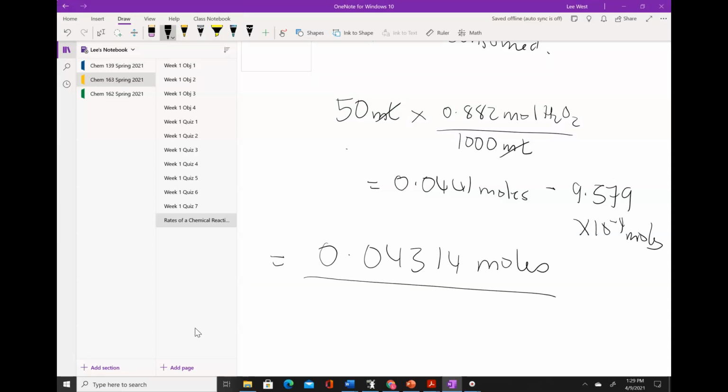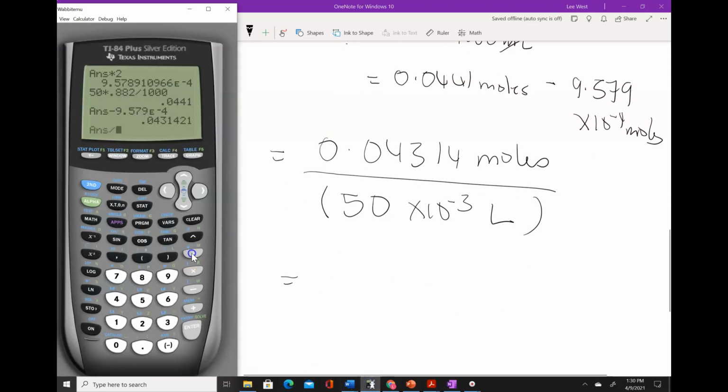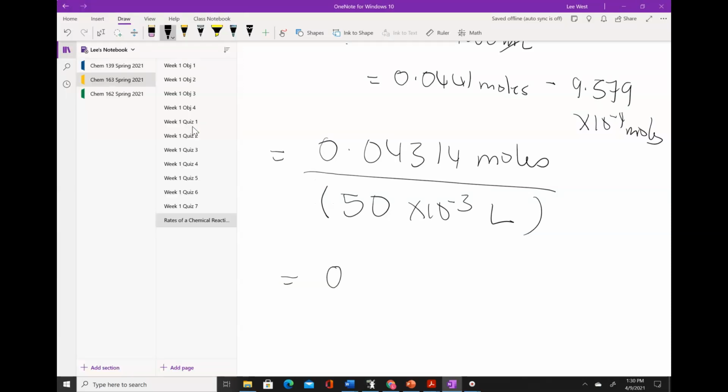And that's going to be dissolved in 50 milliliters of water, right? So 50 by 10 to the minus 3 liters. Okay? So my new molarity of my hydrogen peroxide is going to be that divided by 50 by 10 to the minus 3. There we go. My new concentration of hydrogen peroxide is 0.862842.